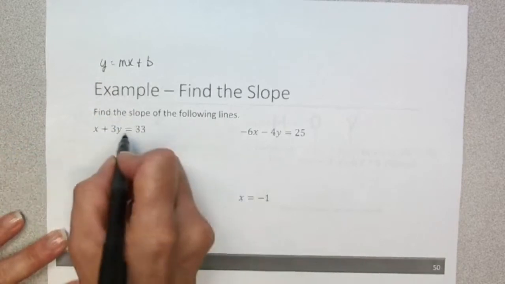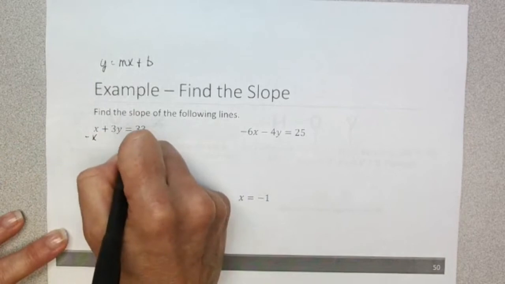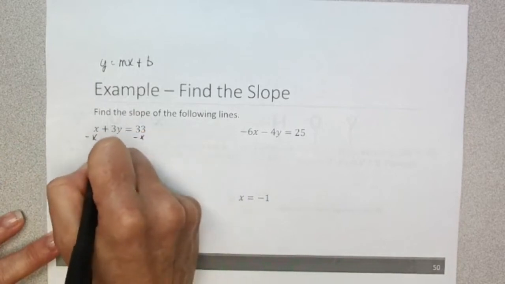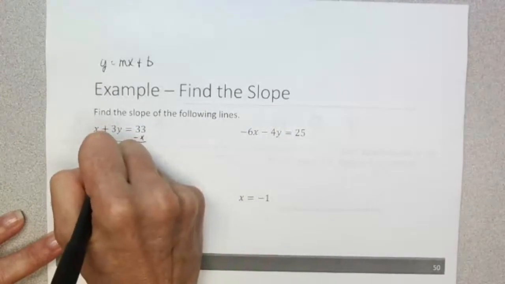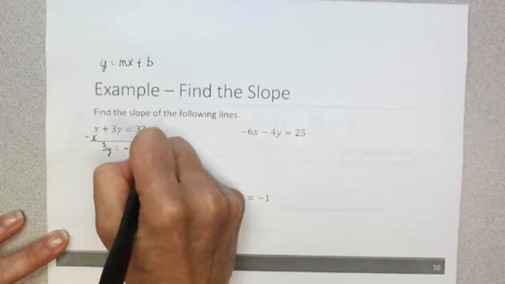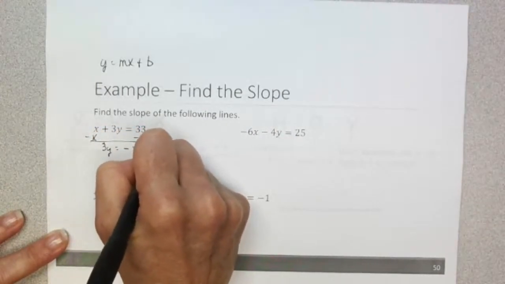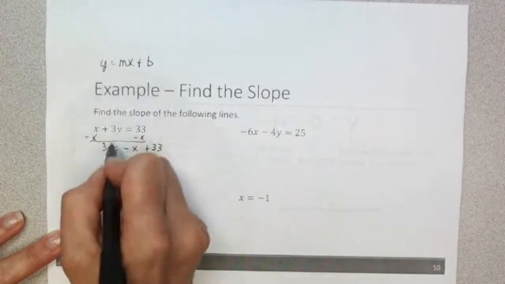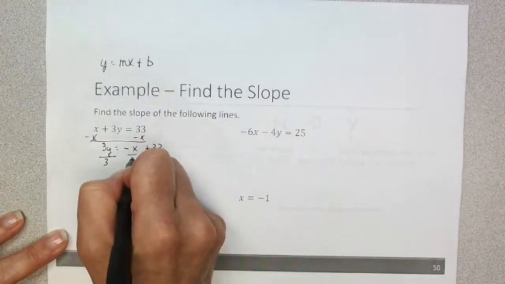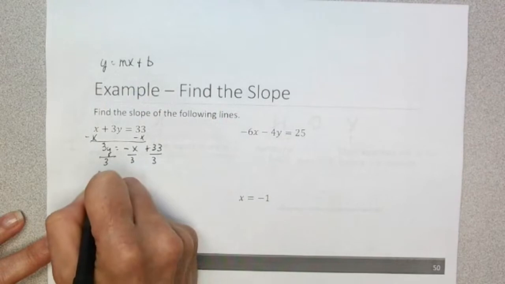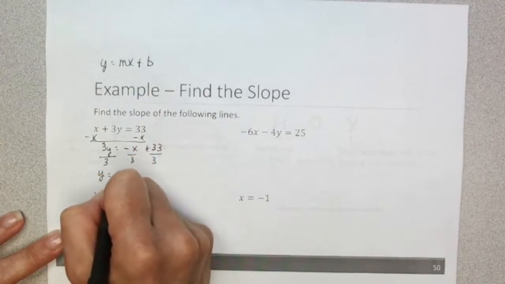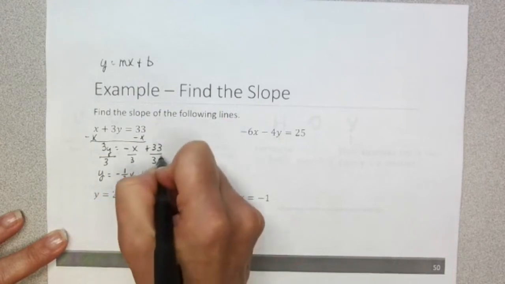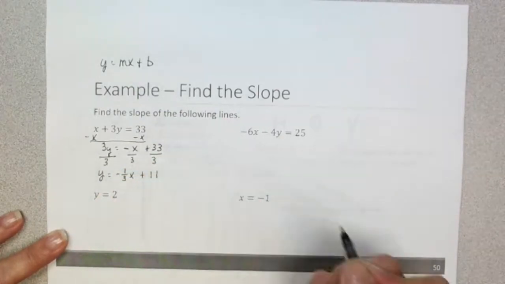All right, so let's go ahead and solve for y. We'll subtract an x from both sides. So then 3y is equal to negative x plus 33. And then we don't want 3y, we just want y, so we'll divide everything by 3. So then y equals negative x divided by 3, or we could write that as negative 1/3 x plus 33 divided by 3 is 11.